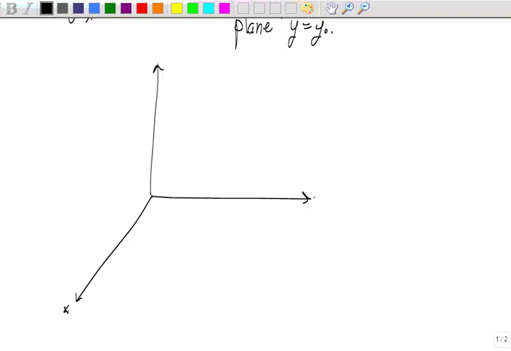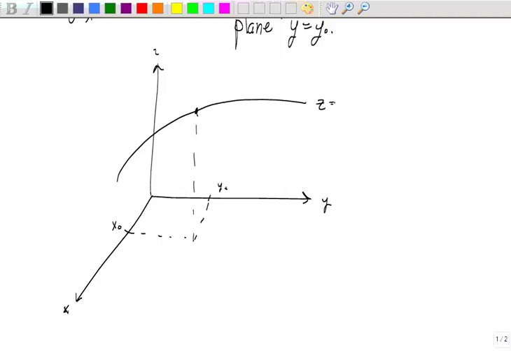Okay, so let's sketch this. X, y, z. And let's say x0's here, y0's here, and okay, let me draw this surface.